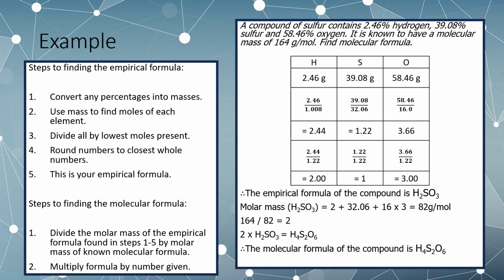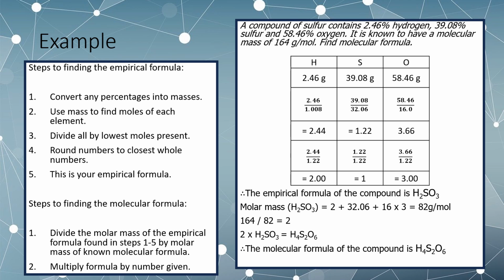So 2.44 divided by 1.22, 1.22 divided by itself, and 3.66 divided by 1.22. Now in this case, it's giving us whole numbers, but if these numbers were decimals, we just round numbers to the closest whole numbers, as it says in step 4. And as I said, this is your empirical formula. So the empirical formula of this compound is H2SO3.